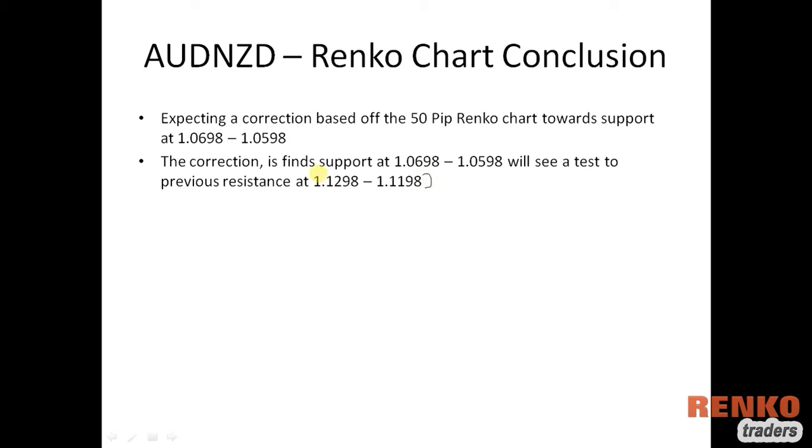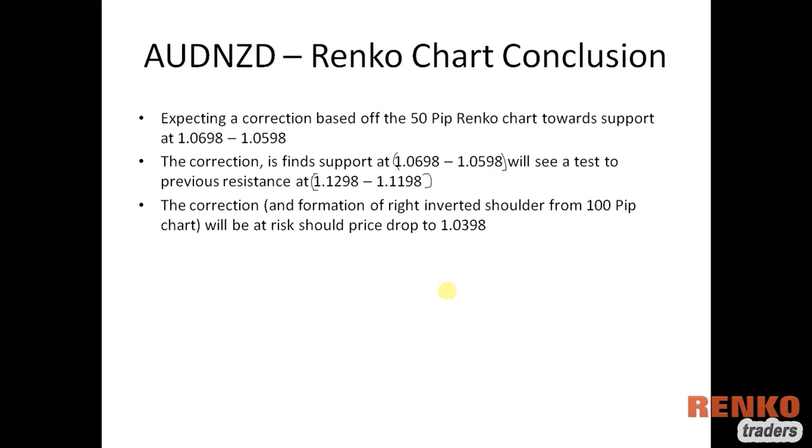The neckline of the inverted head and shoulders pattern, and this particular level of support will mark the completion of the right shoulder. So the correction, along with the formation of the inverted head and shoulders from the 100 pip chart, will be at risk if price drops to 1.0398.